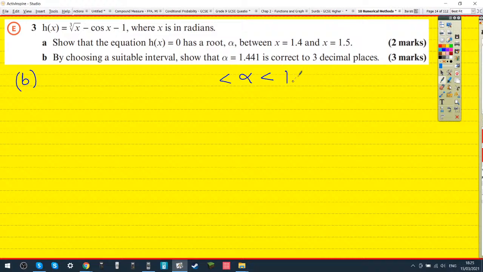Upper bound would be stick a 5 at the end, is the easy way. And so what's the lower bound? 1.4405. Well done.